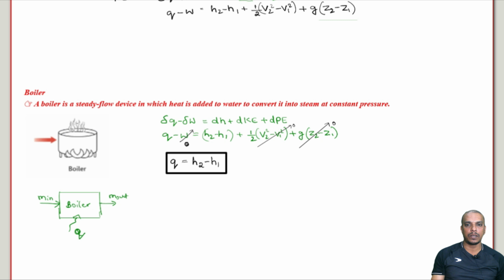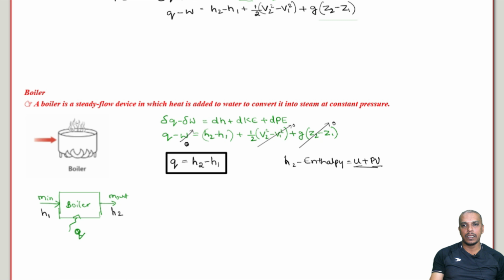And one more thing which we can note down here is that H is enthalpy. Enthalpy is U plus PV. H2 is enthalpy at outlet, H1 is enthalpy at inlet. Enthalpy is nothing but another form of energy, because you have internal energy and flow energy.